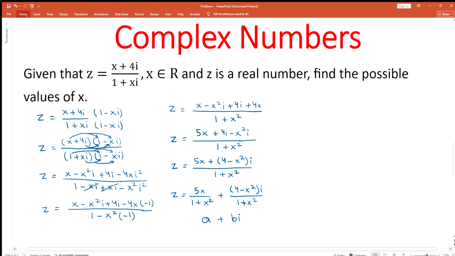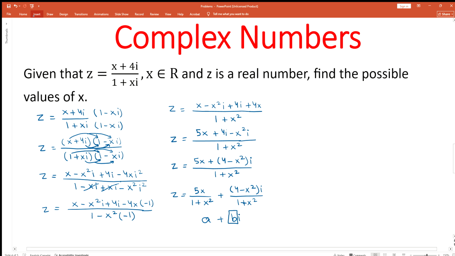As per the problem, z is a real number. That means z has no imaginary part. So the value of the expression we got for the imaginary part should be equal to 0. That means in the standard form, the value of b for z should be equal to 0.